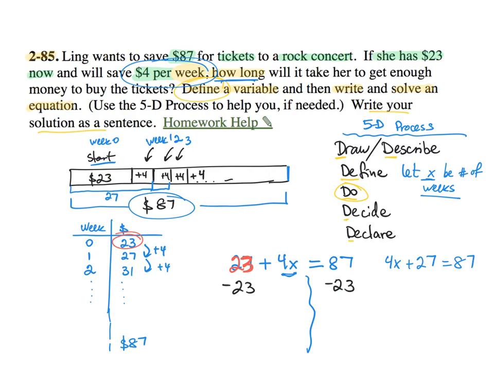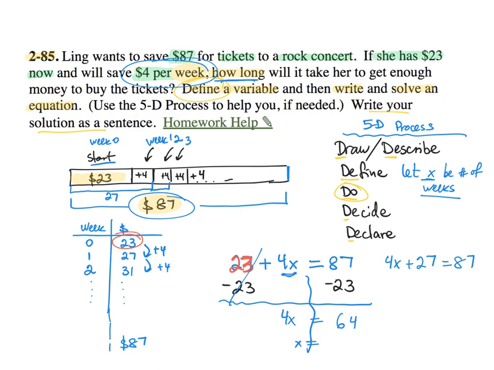If I already know this piece, I can remove it. If you remove it from here, you're not going to have 87, so you have to remove it from there as well. So I balanced the equation. So 4x equals 64, and then you would divide by 4.